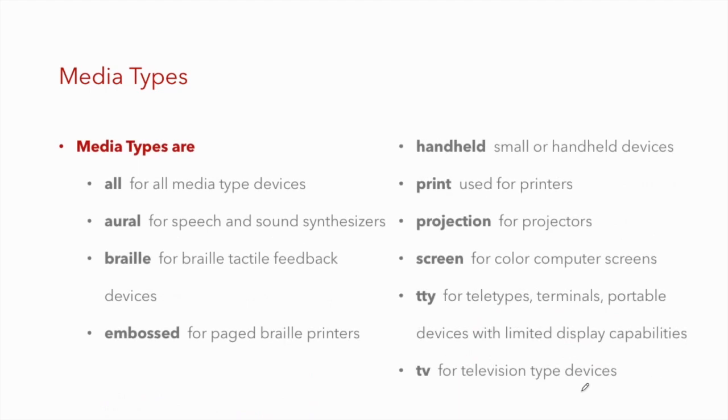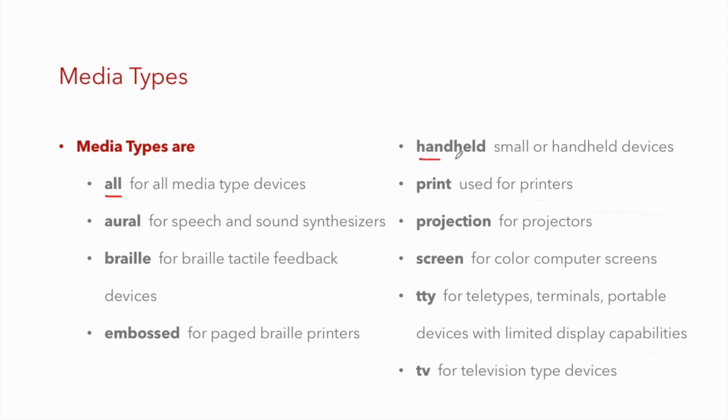Then we'll talk about what all the media types are. When you say all, we're talking about all the media types. Oral is basically used for speech and sound synthesizers. Braille is used for braille tactile feedback devices. Embossed is for paged braille printers.